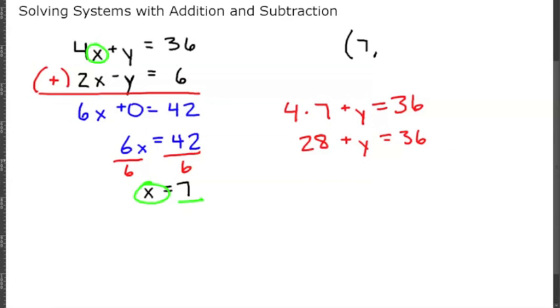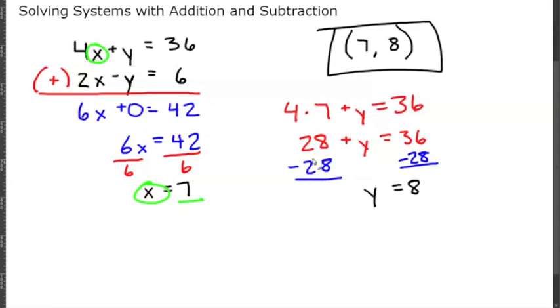So now we're going to subtract the 28 from both sides to get y by itself. So that's going to leave us with y is equal to 8. So our solution to this system of equations is (7, 8).